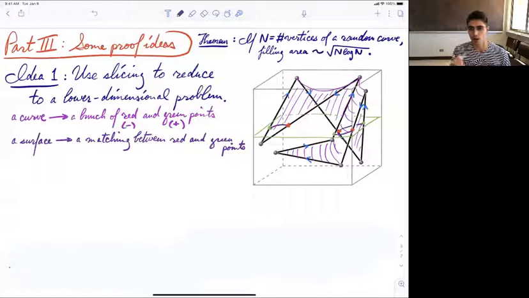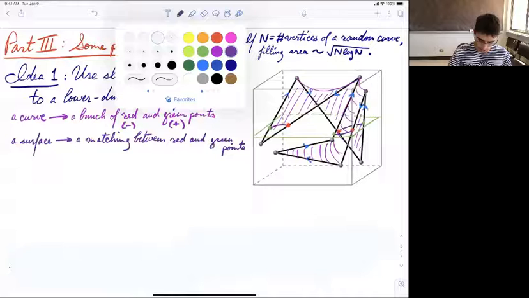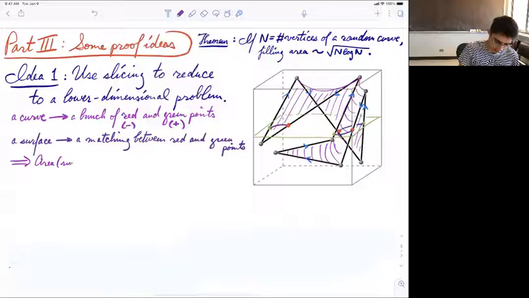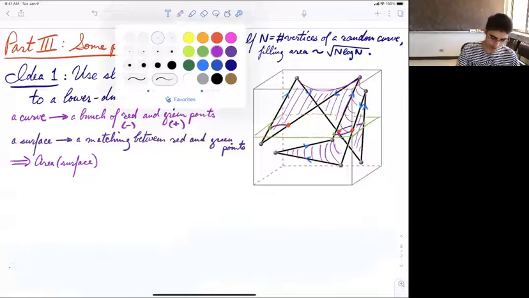And so this allows us to translate the filling area into another language, because if we take the area of a surface, probably in your calculus classes, you computed some areas of things, and you can compute them by integrating lengths of segments, and you can do the same thing here.